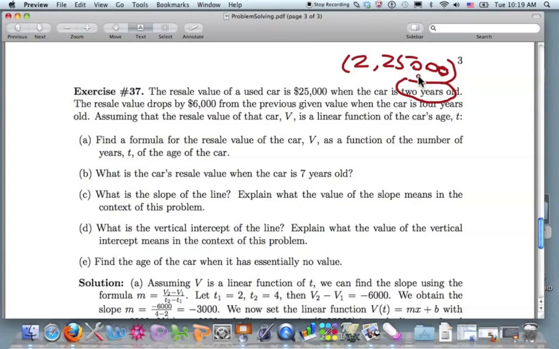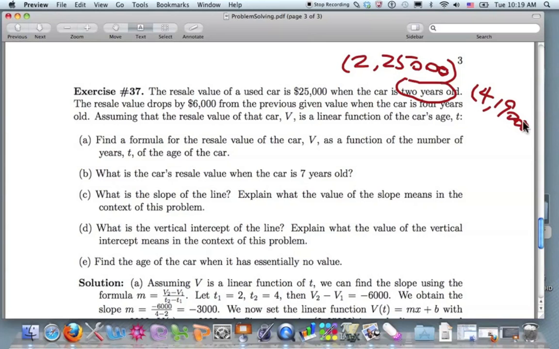Then it says the resale value drops by 6,000 from the previous given value when the car is 4 years old. So how do we get this information out? We see the car is 4 years old, and the resale value dropped by 6,000 from 25,000. So that gives us 19,000.